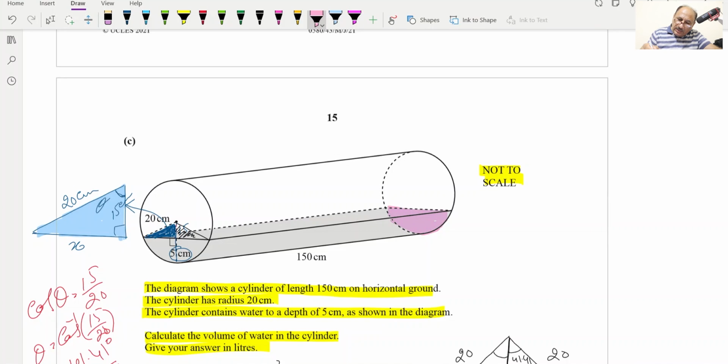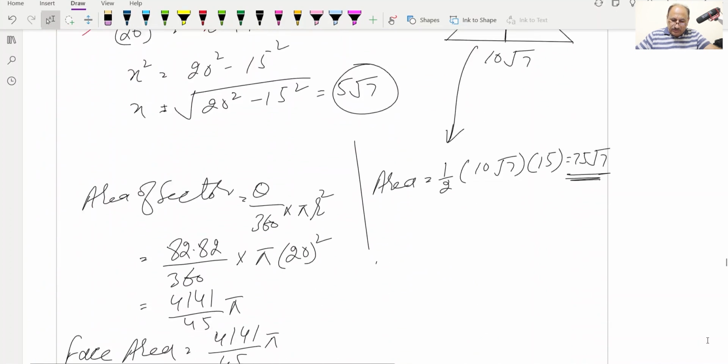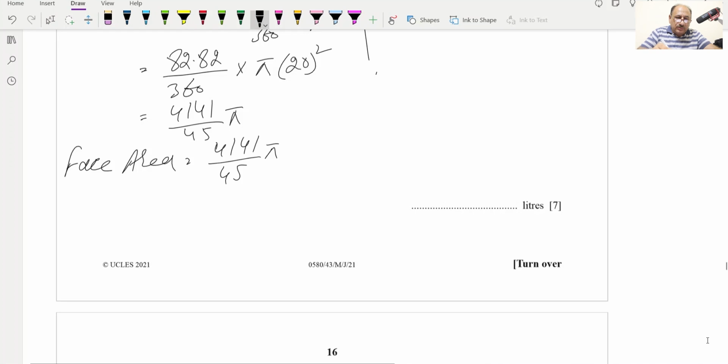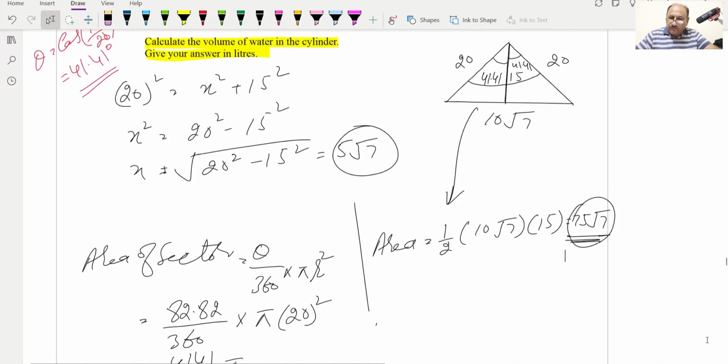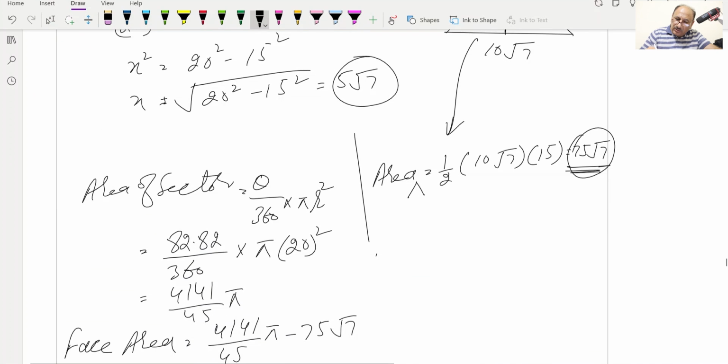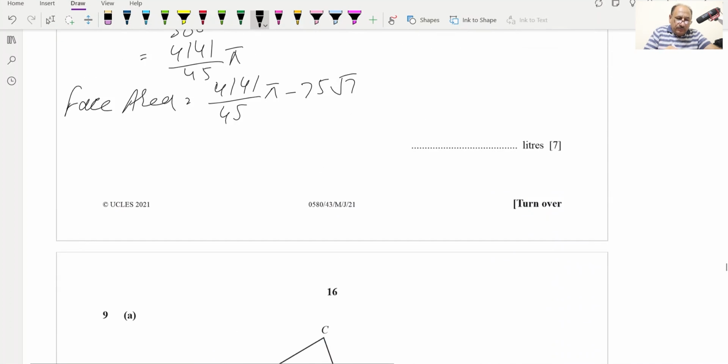By considering that triangle, we have taken this much additional area. So this triangle area we are going to subtract from the sector area. Hopefully now you understand why we are doing this step. So minus 75 under root 7, which we have calculated over here, which is the area of this triangle.